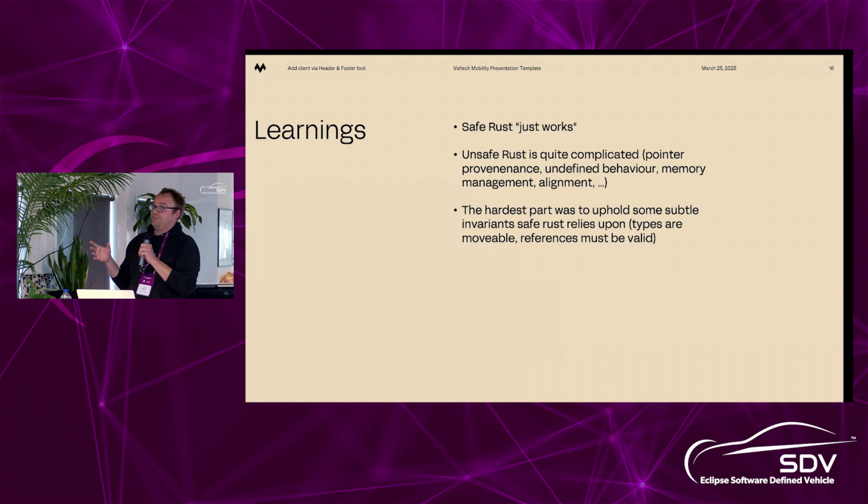Most of the things you have to think about: you have to manage pointers, you have to look out for undefined behavior when creating references and so on. And it's especially hard because the safe Rust part has a lot of invariants which are very subtle, and you have to uphold them in the unsafe part. For example, a lot of ThreadX internal structures use intrusive linked lists.